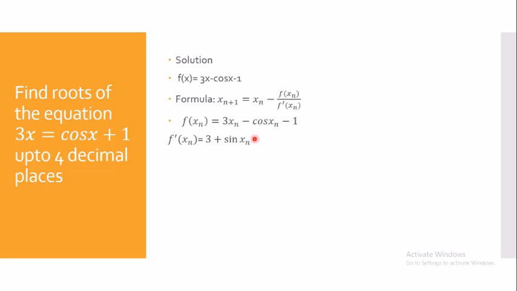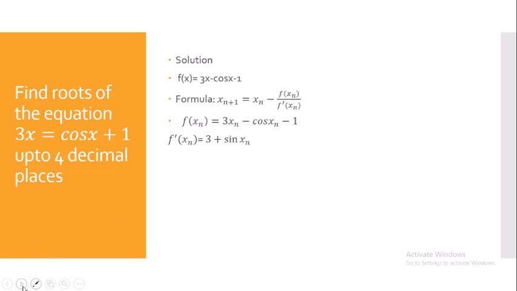Then when I differentiate this trigonometric term, what will I get? Minus sin xn. There is a negative sign over here, so minus minus will become positive. So that is how you get 3 + sin xn. Now this term is a constant, so that is 0.